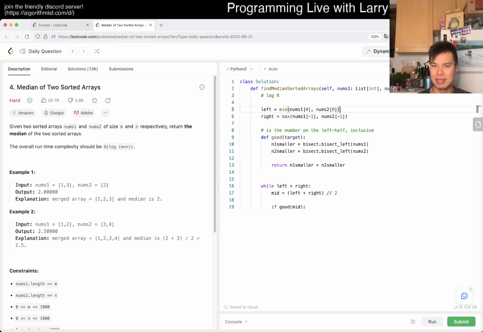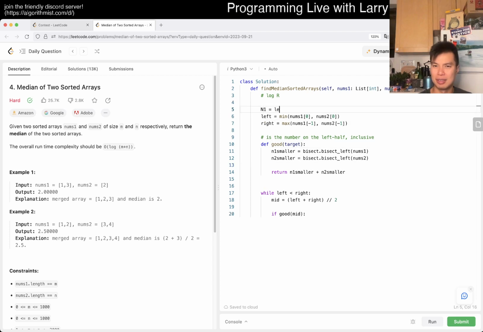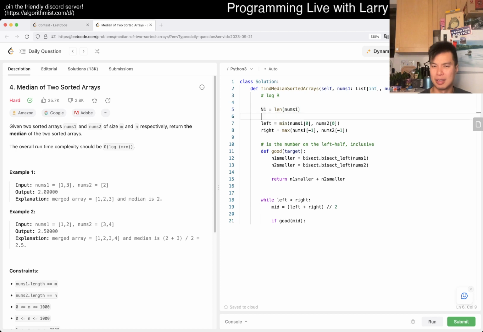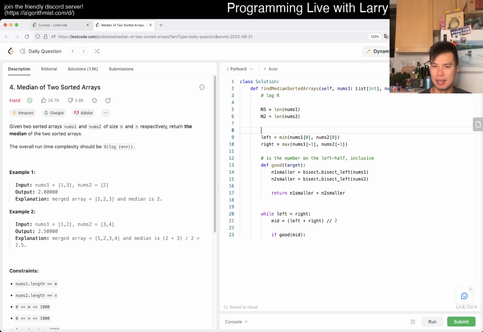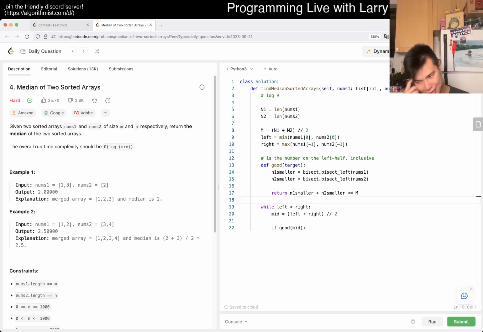I guess we have to do n1 is 0. And then our target would be, was it median is going to be, how am I so bad at math? Something like this, right?